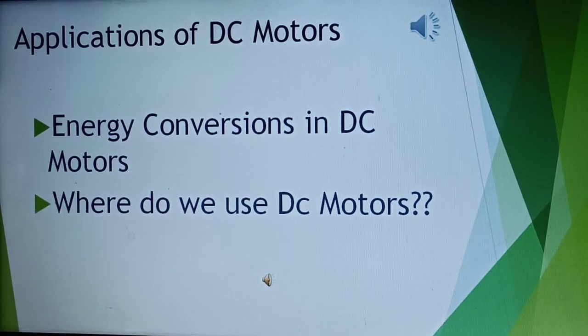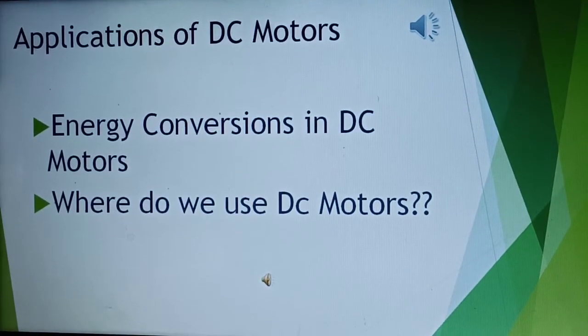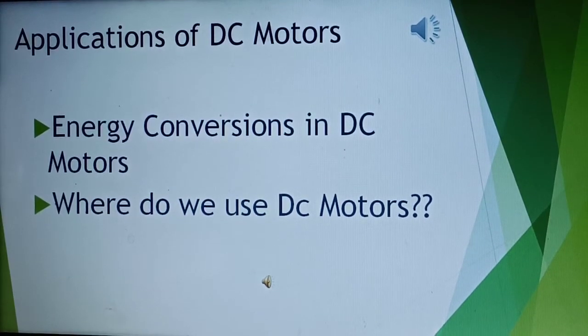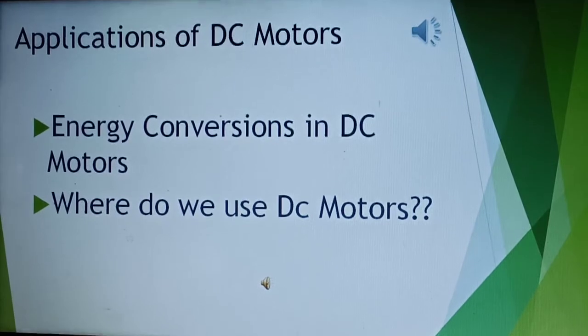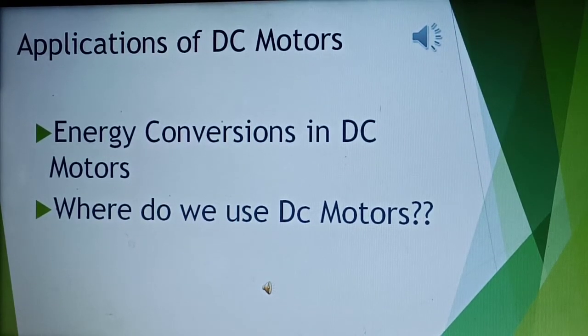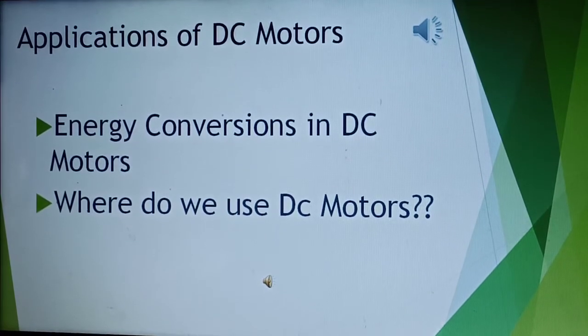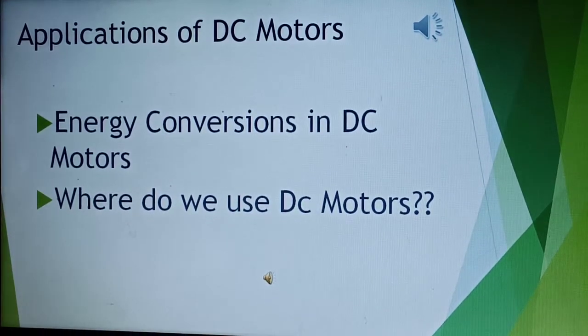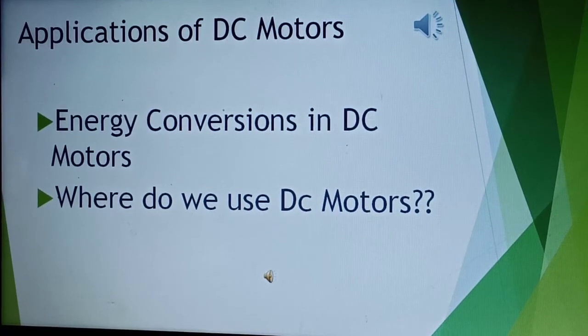We use motors in computers; even computers have motors. So we can use motors in many wide applications where we need some mechanical power, whether it's a smaller project or a bigger project, because they provide mechanical power which is used to do some work.